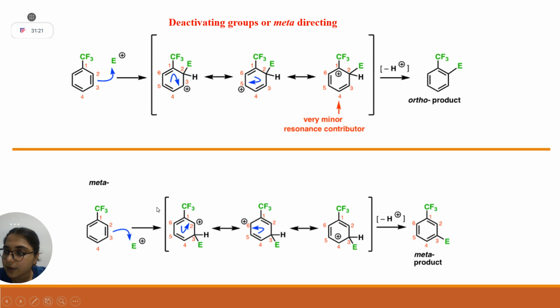Therefore, whenever you are having electron withdrawing group attached to your benzene, it will prefer meta attack. It can do ortho also, but in ortho, that incipient generated carbocation is not stable. That's why electron withdrawing group prefers meta. Yes or no?